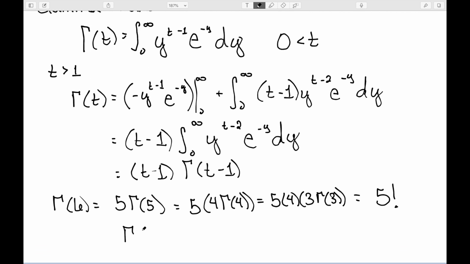In general, gamma n gives me n minus 1 factorial for integers. And this is only for n being a positive integer. Because of this, the gamma function is often called the generalized factorial.